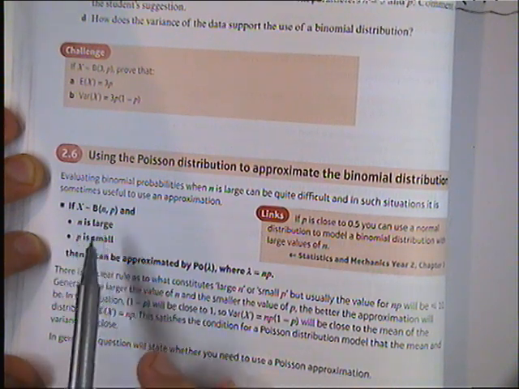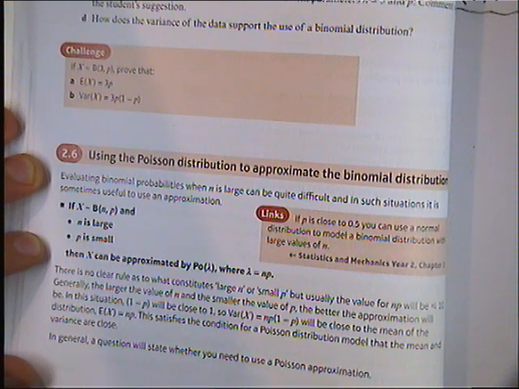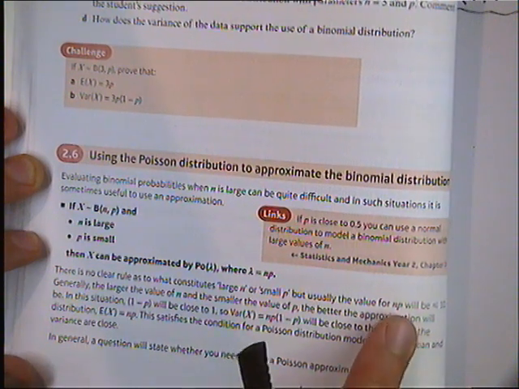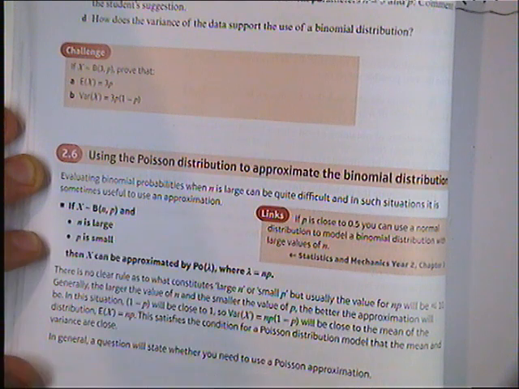We say n is large and p is small, but there isn't a definite value for n and p. However, as long as n times p is less than or equal to 10, then we can approximate the binomial to a Poisson distribution.